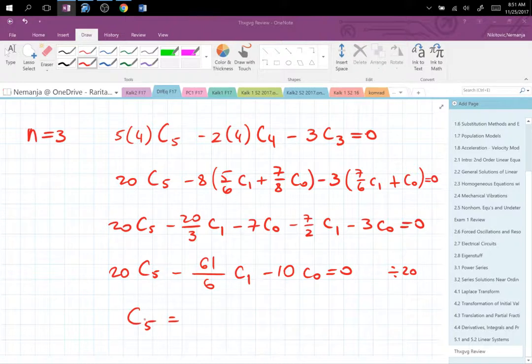So negative 60 also becomes 61 over 120 c1, and then plus 1/2 c0.